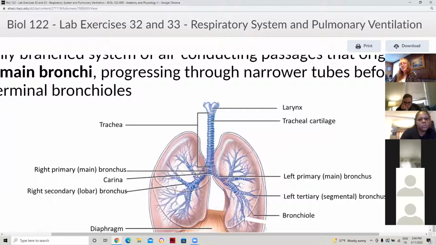So the first division point is the primary, the second division point is the secondary, and the third division point is the tertiary. The way you can identify which bronchi is which is by counting the number of divisions. Here's the primary or the main, here's the secondary, here's the tertiary where it divides three times.